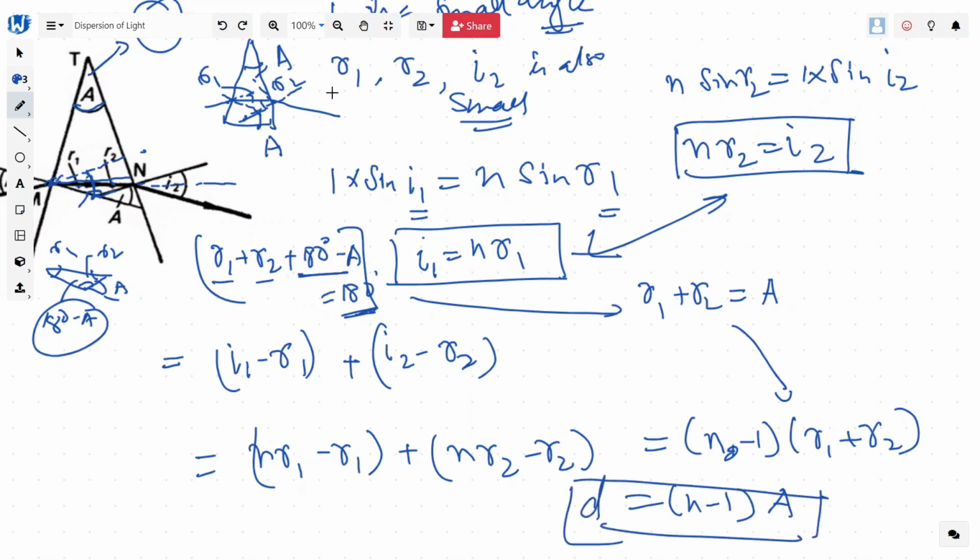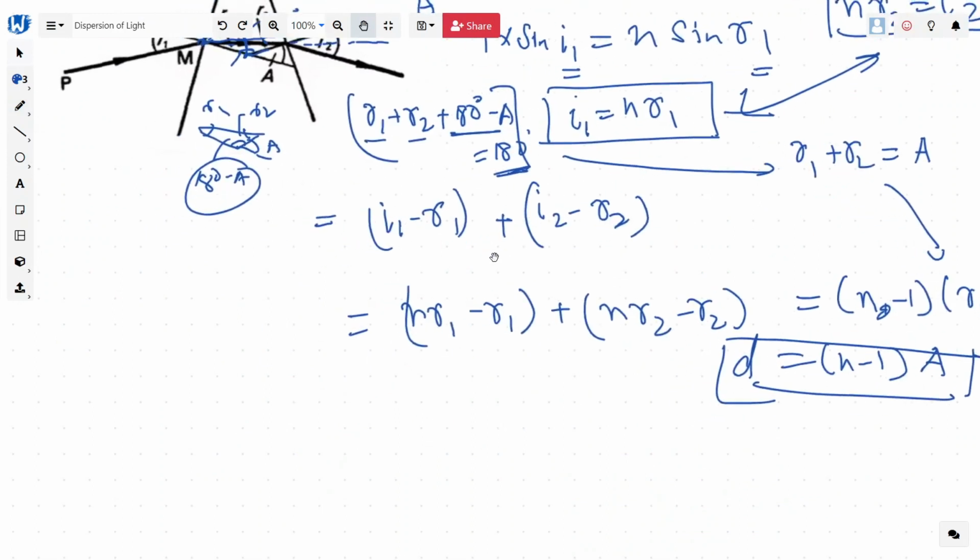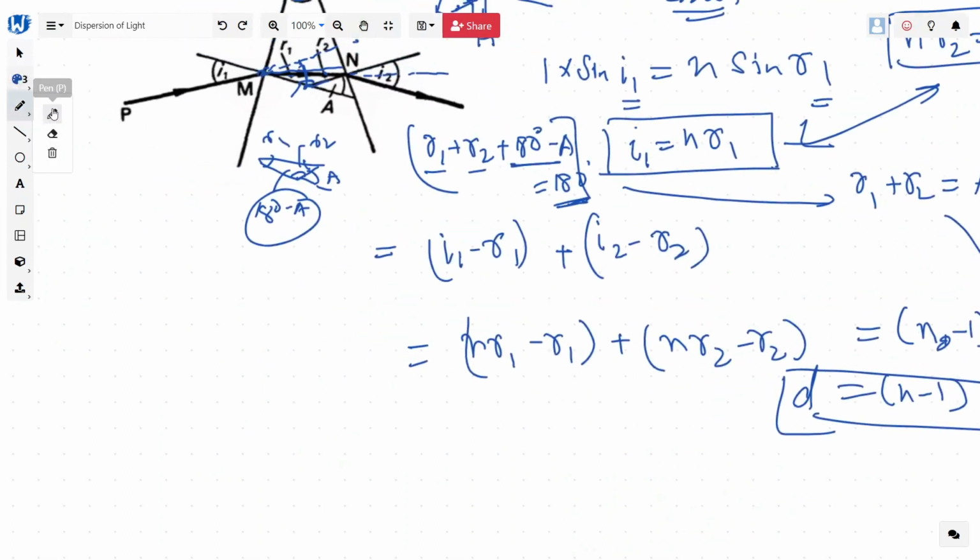So for a small angle prism, generally you just need to remember this. This is a very important formula, so I'm going to write it down.